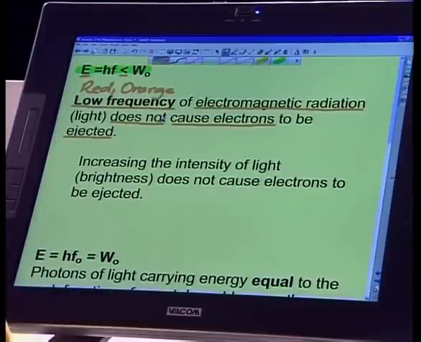Now, something very important in this summary. When you have this energy of a photon less than the work function, you are not going to cause electrons to be ejected. Think of it in this way. You've got red light, and you are shining it on a metal surface, say zinc. The work function for zinc is much bigger compared to the energy brought by the photon of red light.